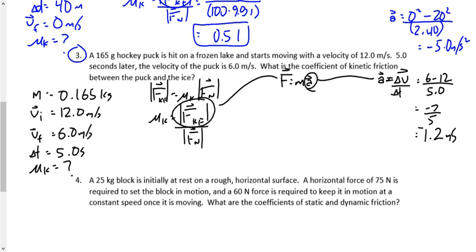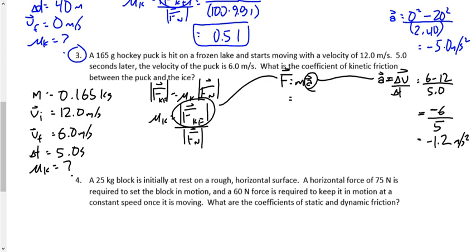Yeah, it is. 6 minus 12 is negative 6, you're right. That's why I got 1.4, because 7 divided by 5 is 1.4, right? It should be 6 divided by 5, which is negative 1.2, right? Okay. So we get negative 1.2 for the acceleration.